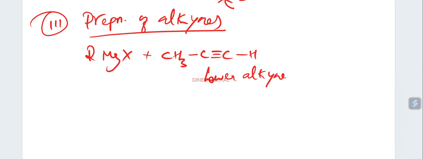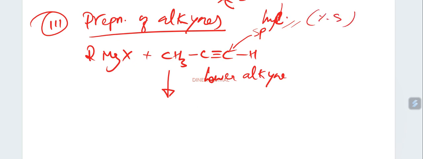Now when it reacts with the Grignard reagent, what will you do? Look here, the carbon that is triple bonded is sp hybridized. The sp hybridized carbon has the maximum s character, that is 50 percent, which is maximum as compared to sp2 and sp3 hybridized carbon.